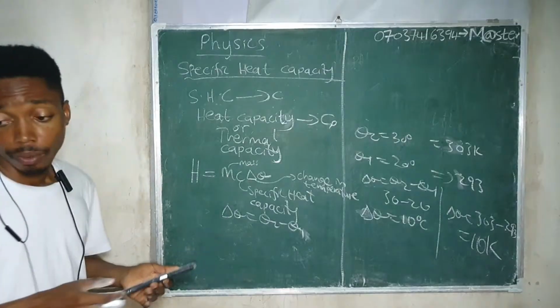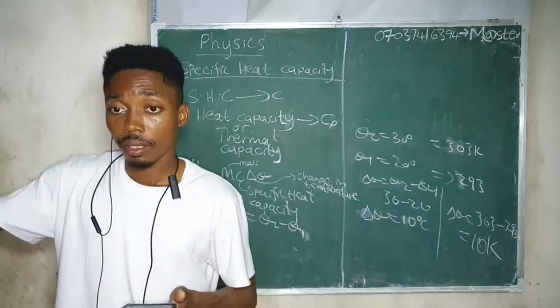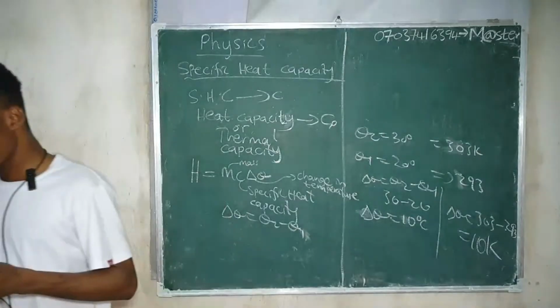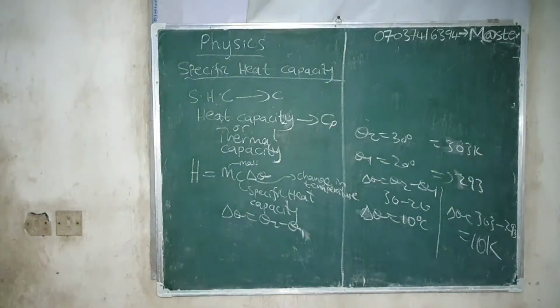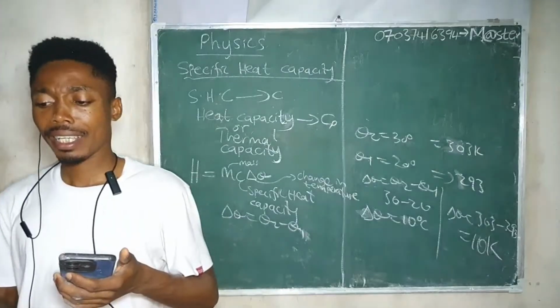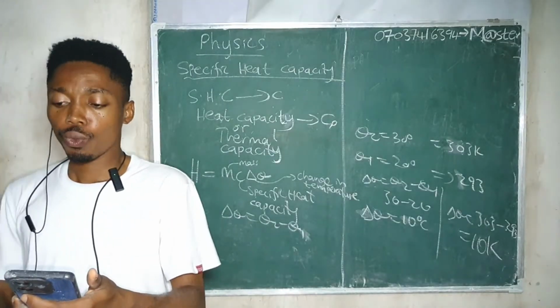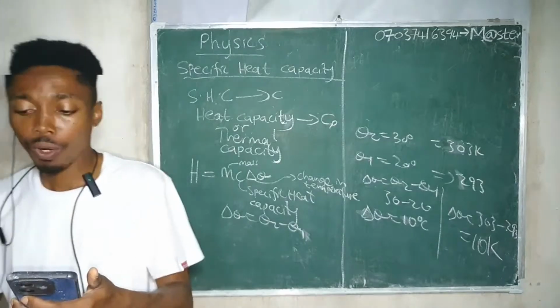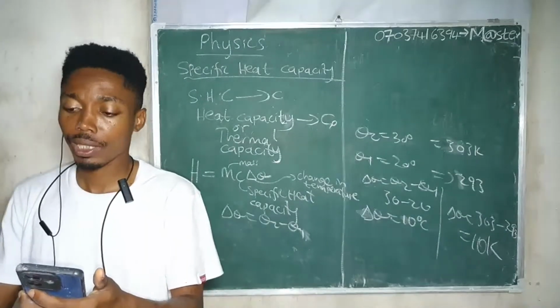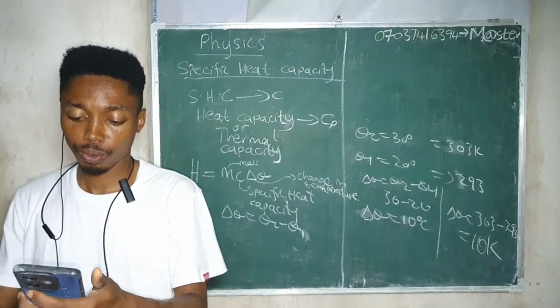The question says, how long does it take a 750 watt heater to raise the temperature of 1 kg of water from 20 degrees Celsius to 50 degrees Celsius?